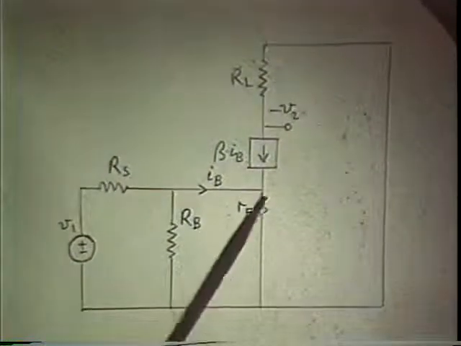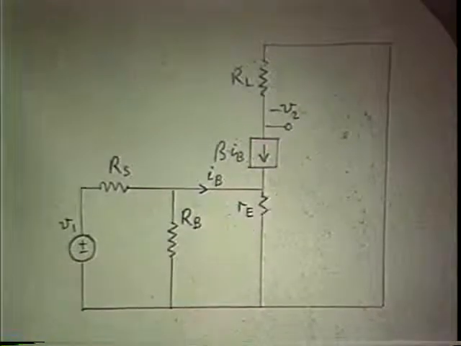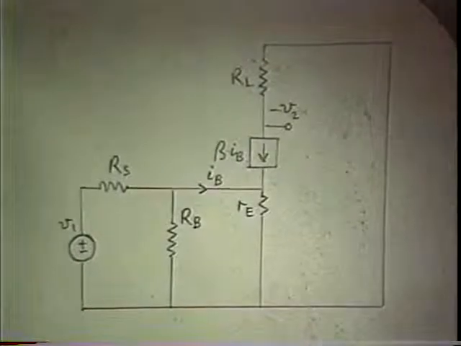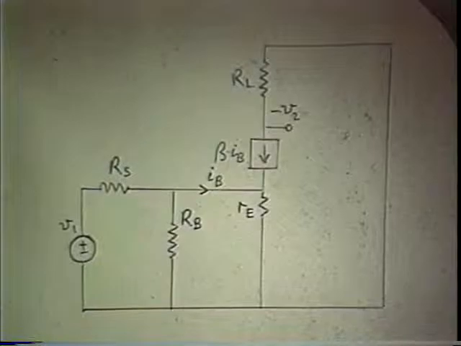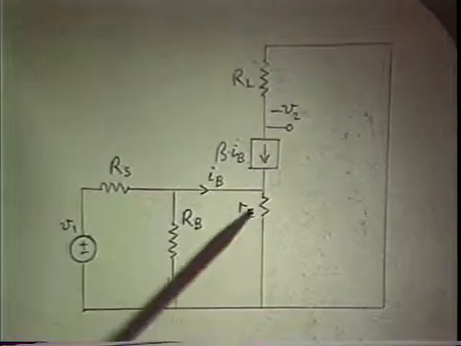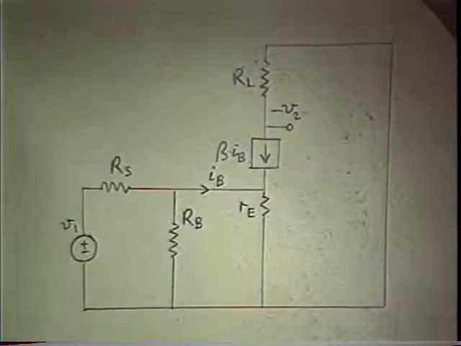That's the nonlinear element. The linearization consists of assuming that the value of RE stays fixed regardless of the AC signal that may be going through it. The value is chosen to represent the particular DC operating point. But by assuming that it's fixed for the AC model, that's how you linearize the model.